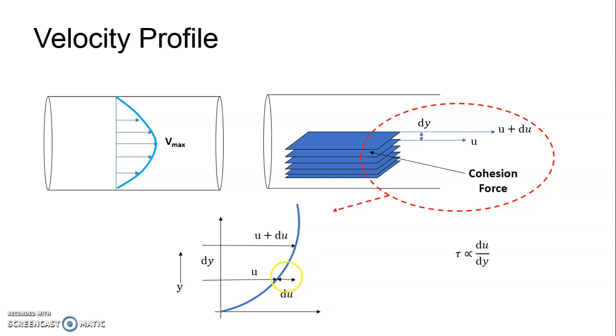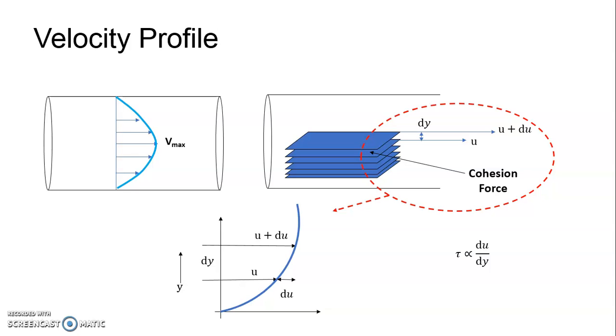So u and u plus du will exert a kind of force, which we call shear stress, and due to that shear stress there is a velocity gradient. We can say shear stress is directly proportional to du by dy. du by dy is the velocity gradient, or also called the rate of shear strain.